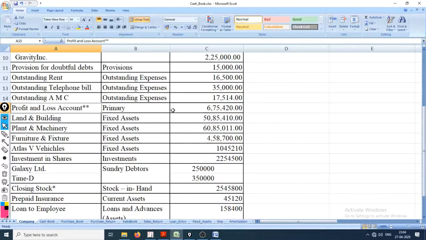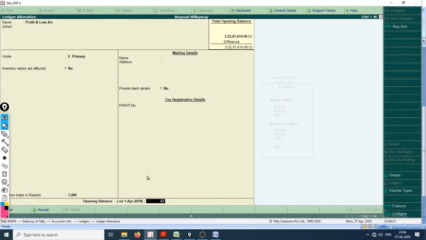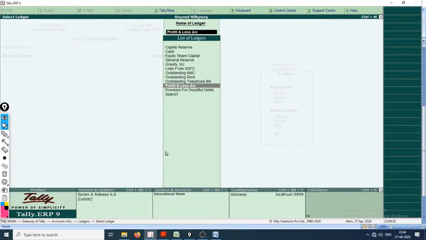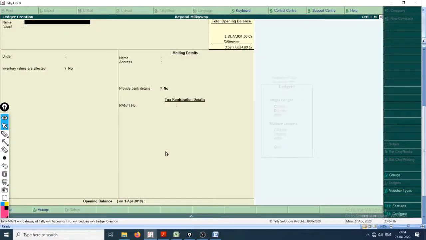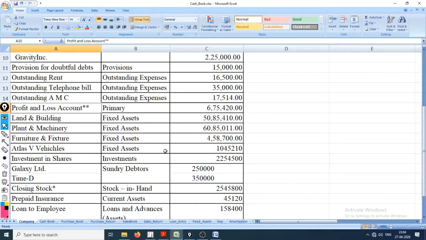So we just have to put the opening balance right here, 675,420. As this account was already created, I did not create any new account. If you want, you can also create a new account, doesn't matter, but with a slight change of spelling so that it doesn't contradict the previous account.